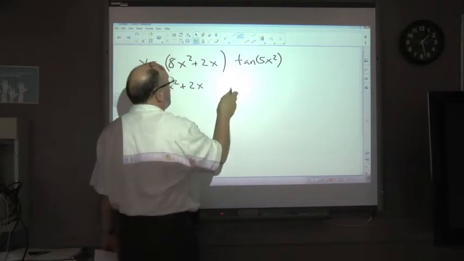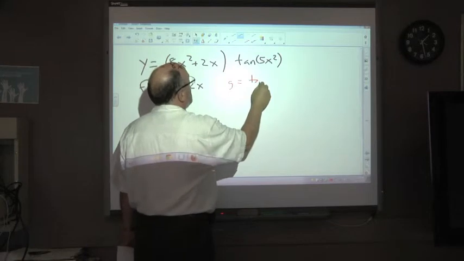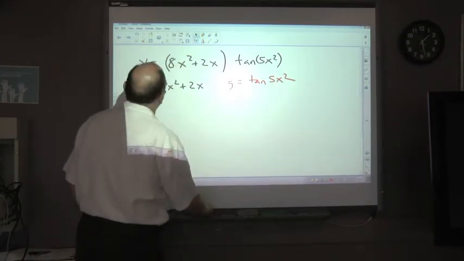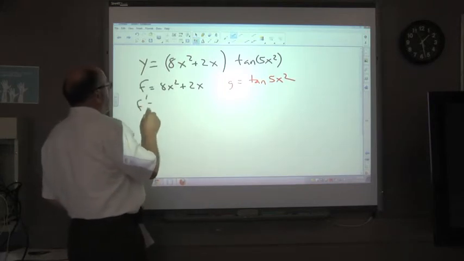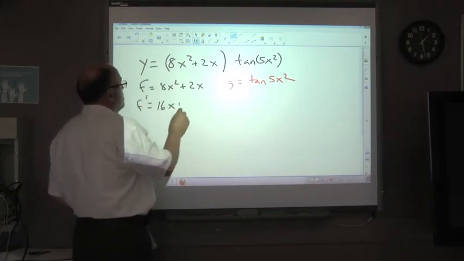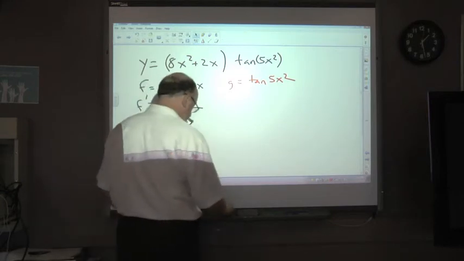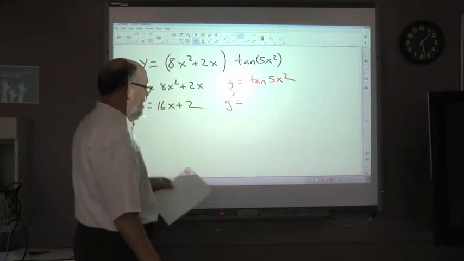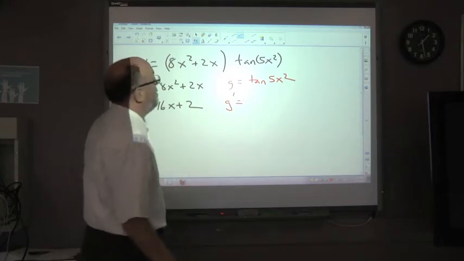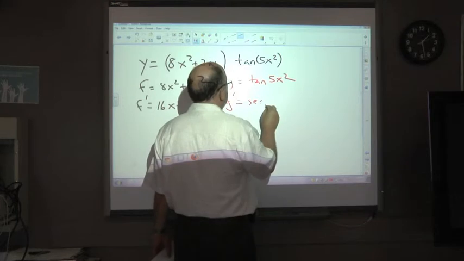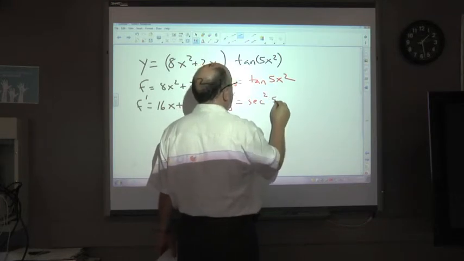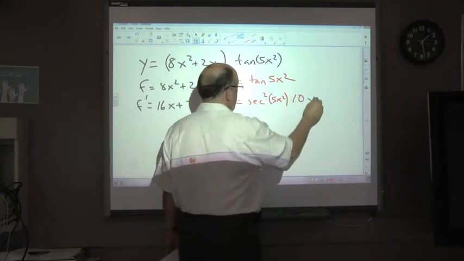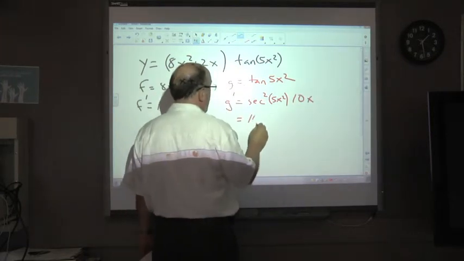We'll call this back part g, tangent of 5x squared. We take the derivative of the front piece, which will be 16x plus 2. And if we take the derivative of the back piece, we just said that tangent became secant squared. So this is secant squared of 5x squared, and then the derivative of the angle in this case is 10x, and so we'll rewrite this with 10x in front.